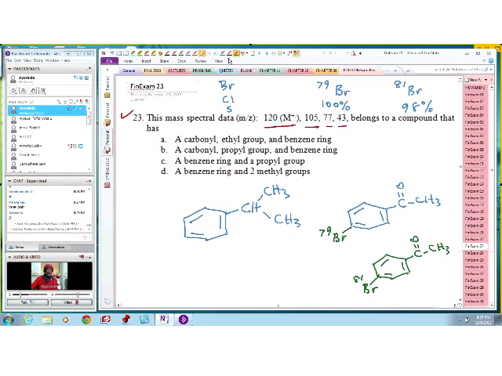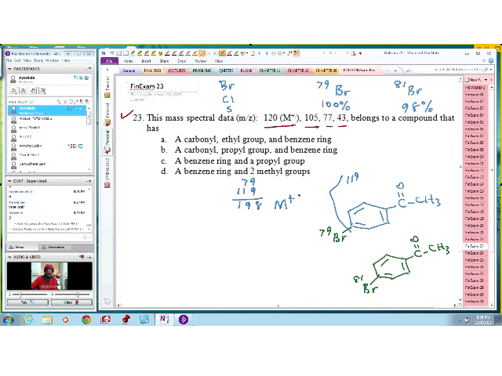So if you take a look at the mass spectrum of this compound, this part of the molecule at this point will be 119. So if we add 79 plus 119, I believe that would be 198.